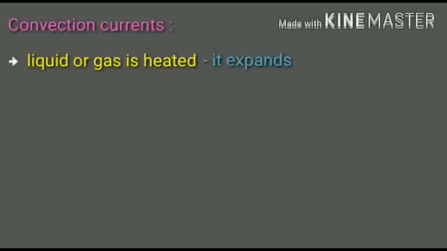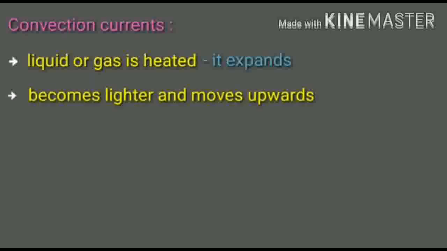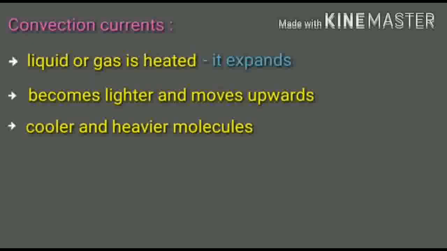Next is convection current. We know that when a liquid or a gas is heated, it expands. As a result, the molecules which acquire heat become lighter and move upwards. The other molecules in the surroundings which do not gain heat remain cooler and heavier, and these molecules rush to take its place and get heated in turn.